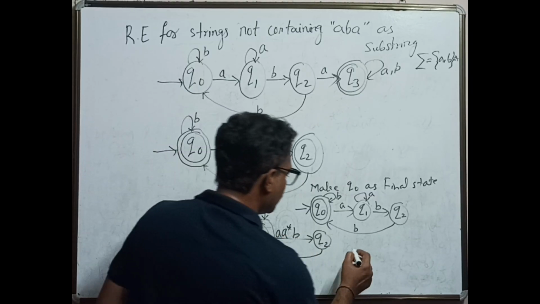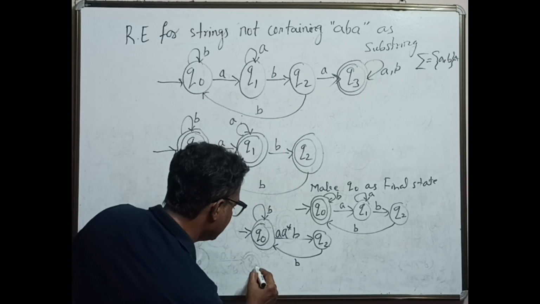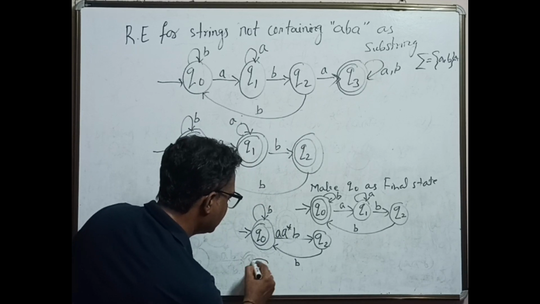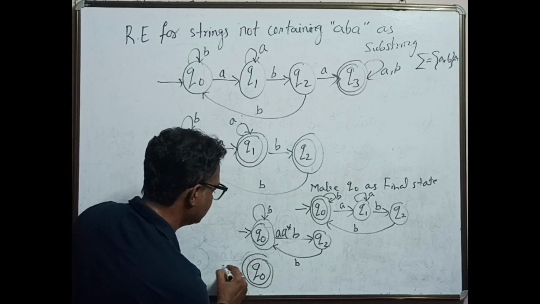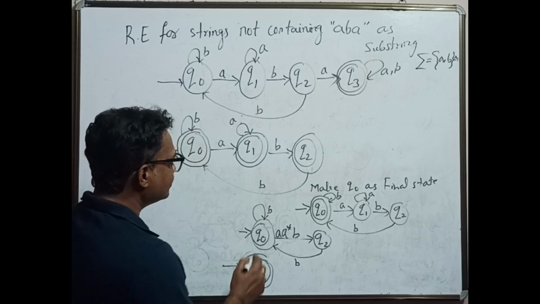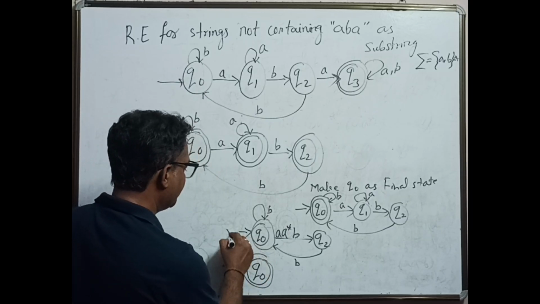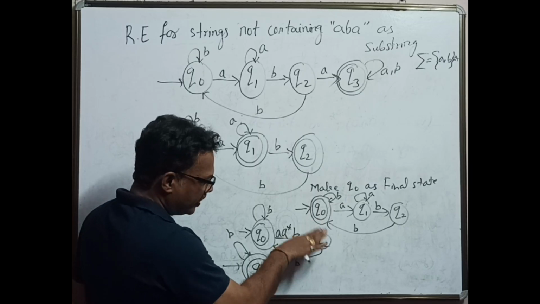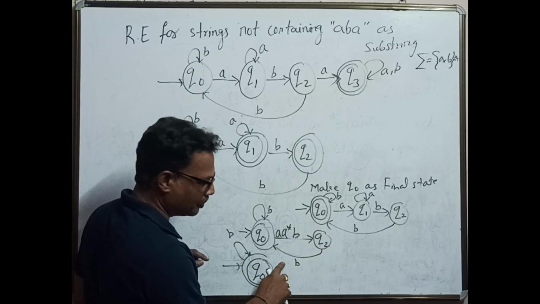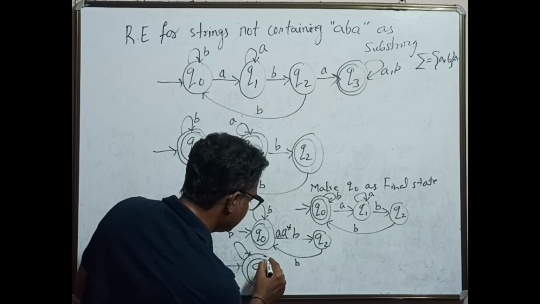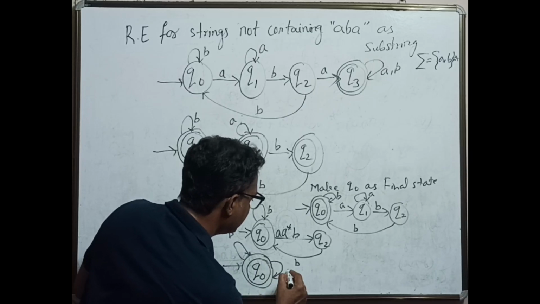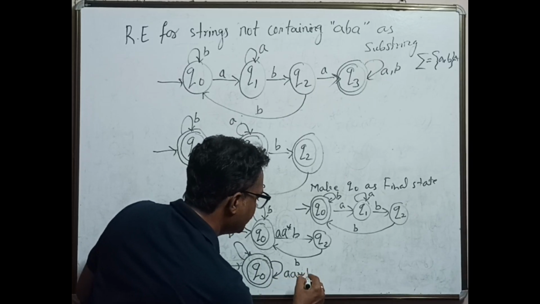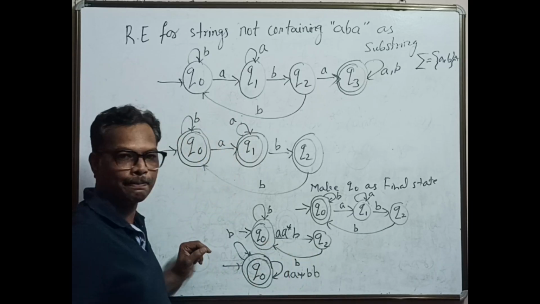If we eliminate Q2, what remains is Q0, initial as well as final state. So this will be the B. Now when we remove this state, these two get clubbed, that is A star, B and B.